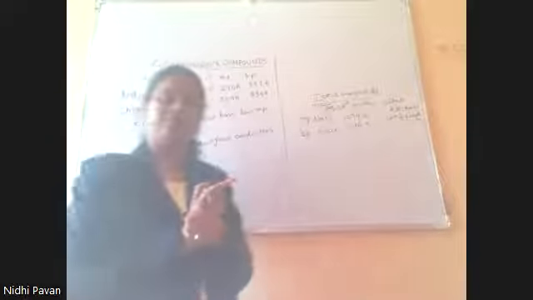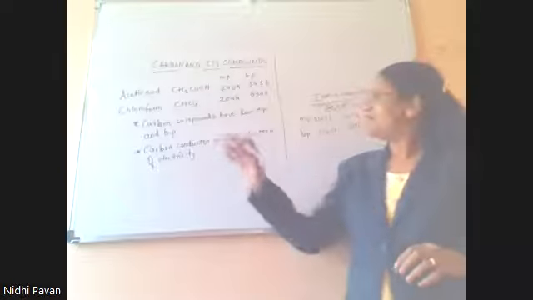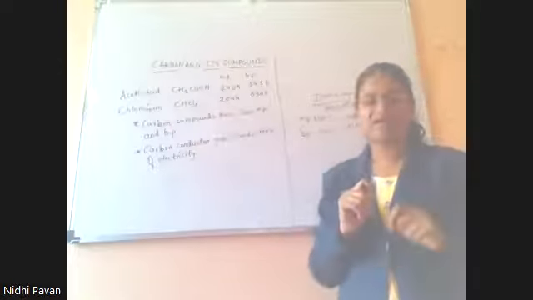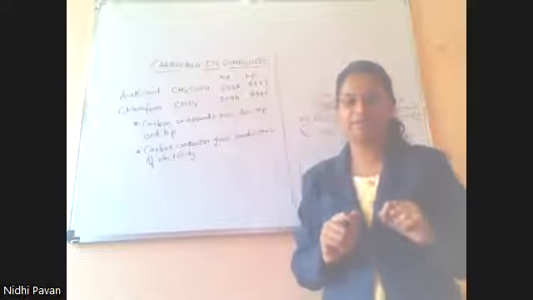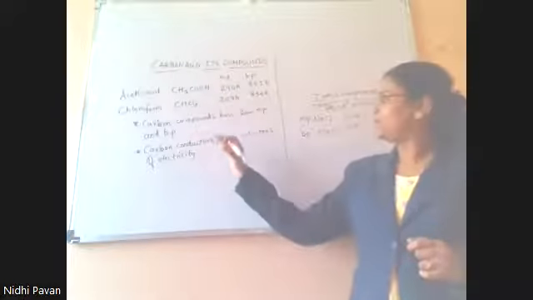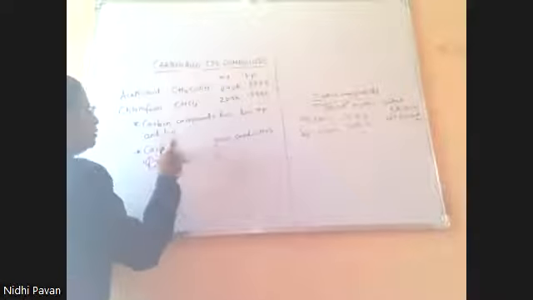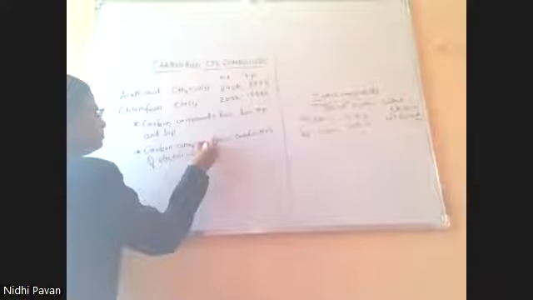So these are the two main properties of carbon and its compounds. You might ask me, ma'am, how can you say that carbon compounds have low melting and boiling points? What is the reason for it? Or why carbon compounds are poor conductors of electricity? I just rectified that.